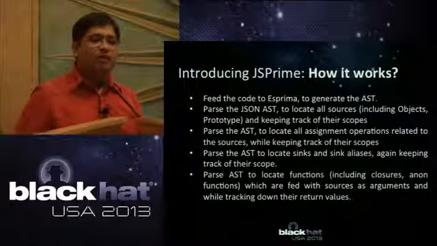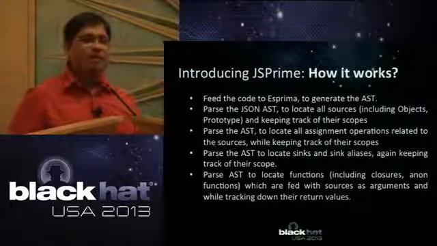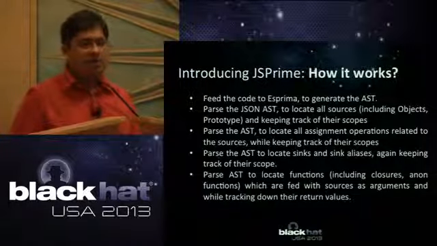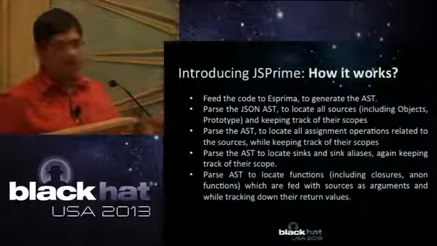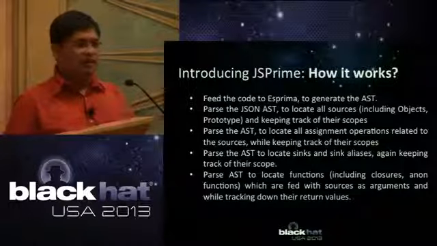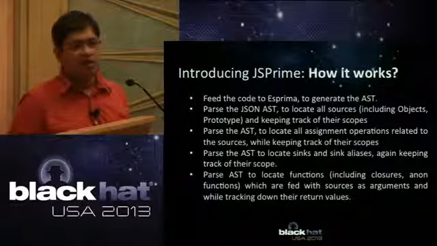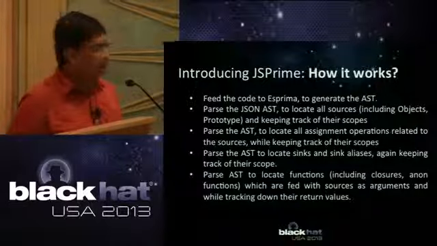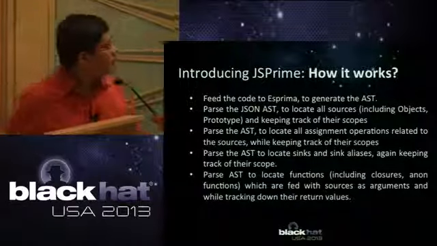For example, one of the most common examples is the location.hash object. It takes anything after the URL fragment, the hash. That part is modifiable by the user. The user can tamper with it, and that's what we call a source.